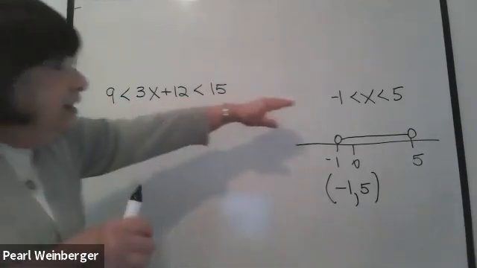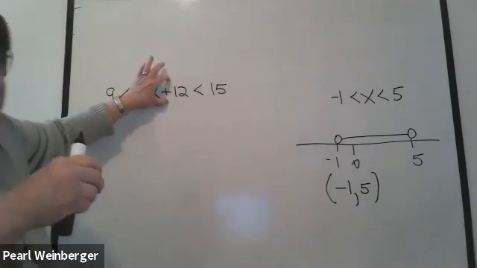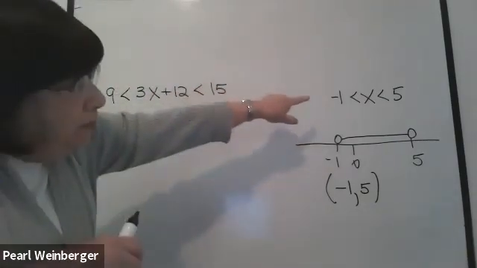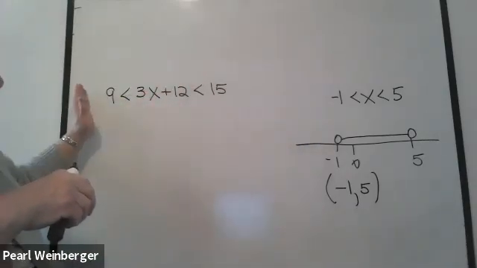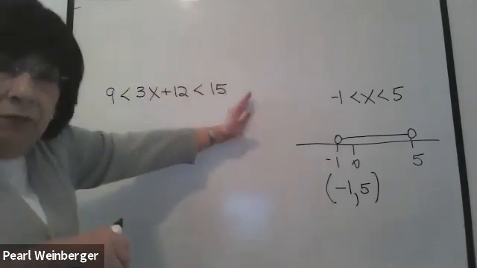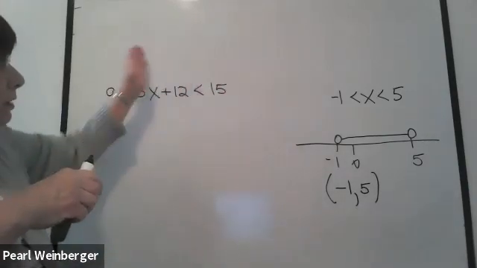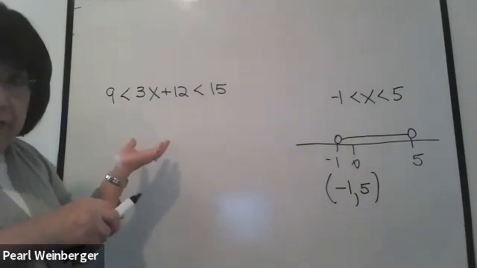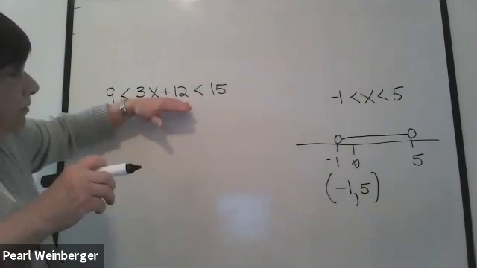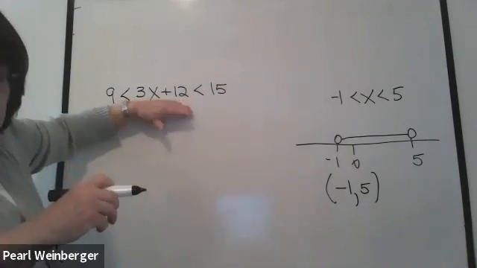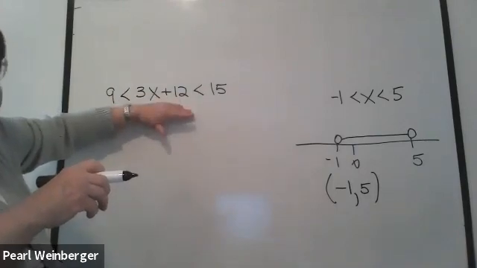The whole thing that I want to do is end up with just a plain X in the middle, with one number on the left and another number on the right. And there's much more in the middle here than just a plain X. But I'm going to do this focusing on what's in the middle and try to get the middle to be just plain X.